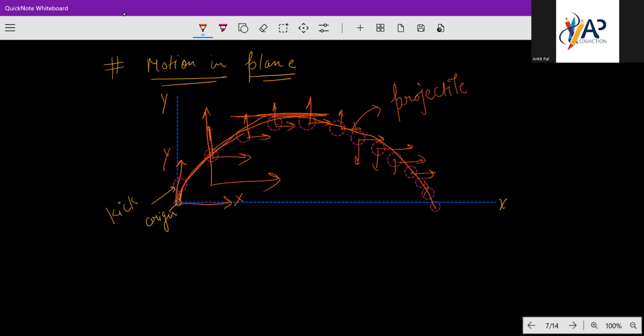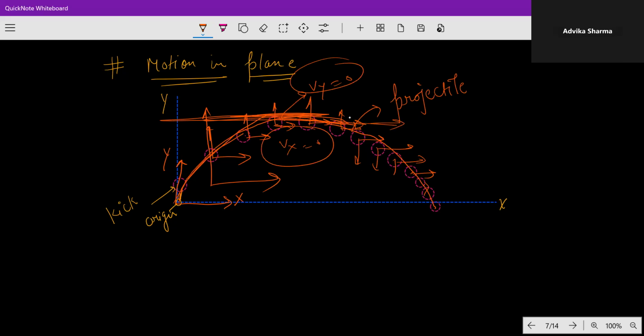At this point, the velocity of y is 0, but the velocity of x is not equal to 0, because the particle is continuously moving in the x-axis, right?